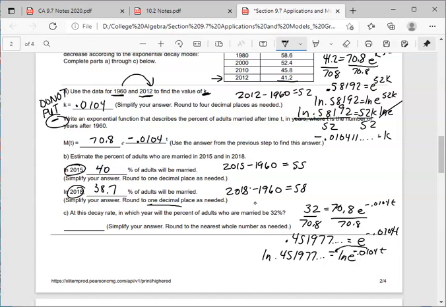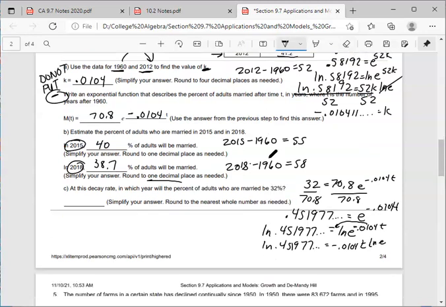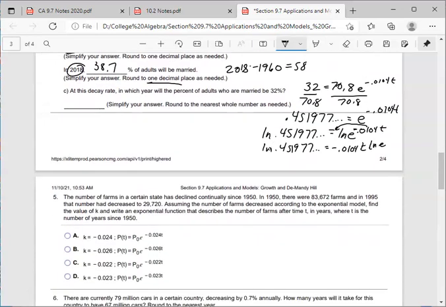You can use the power rule to get that to come down the front. The natural log of E is 1. So we really just need to divide by negative 0.0104 on both sides.